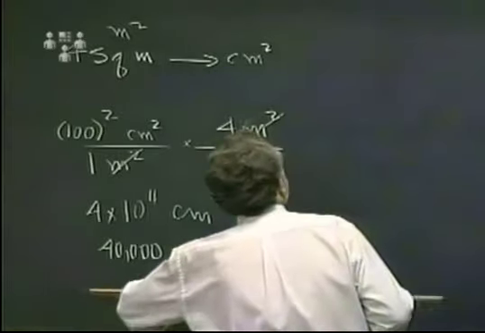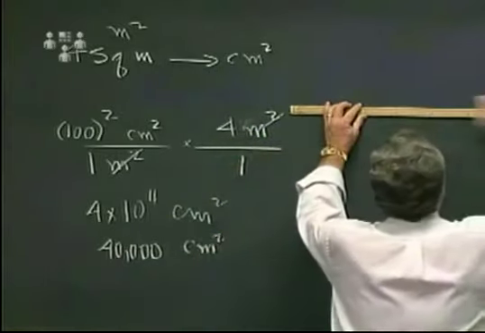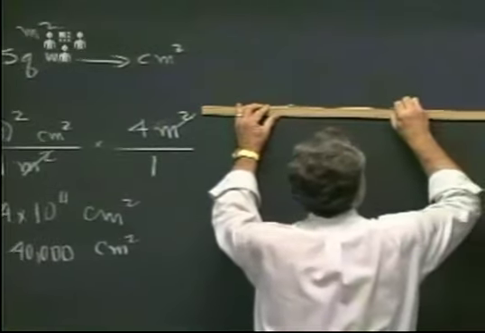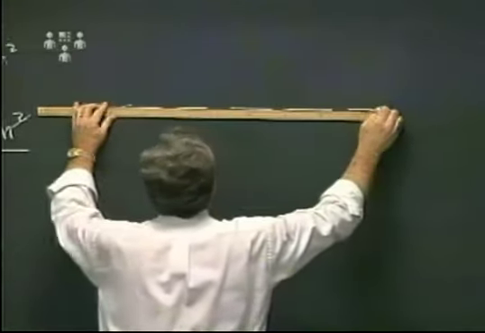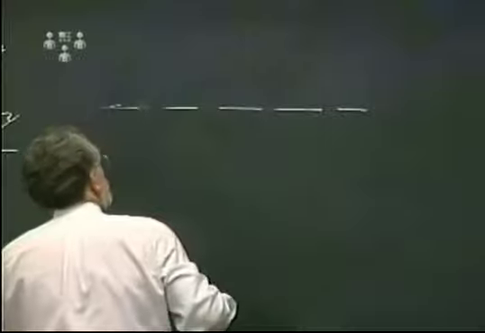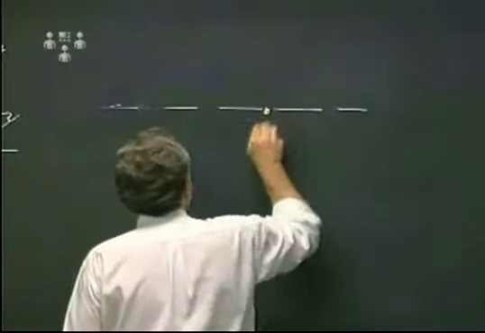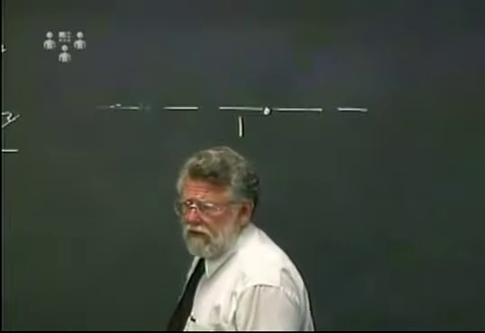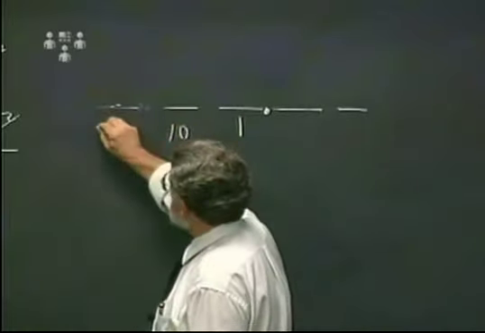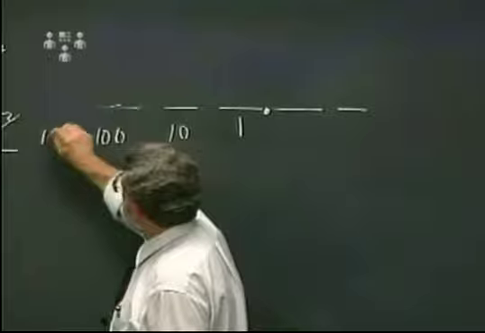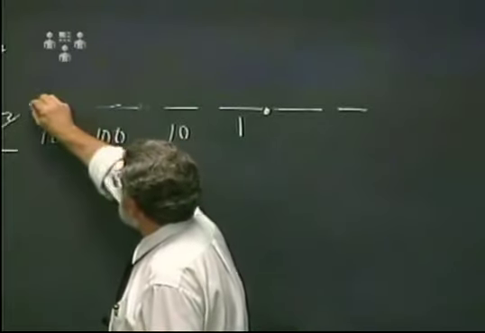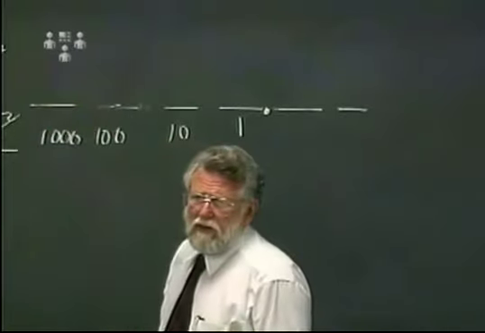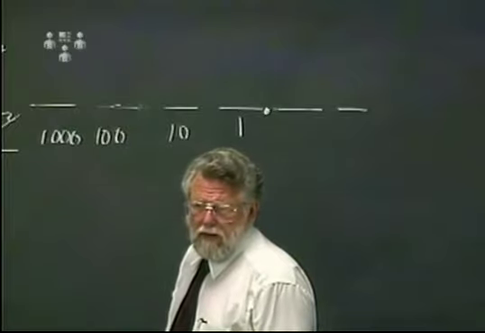I've argued just a moment ago that if you think of place value, and I think of a decimal point here for the moment, and this being the ones place, and then we multiply by 10, and then we multiply by 10 again, and again, the place values are exactly what we're talking about.